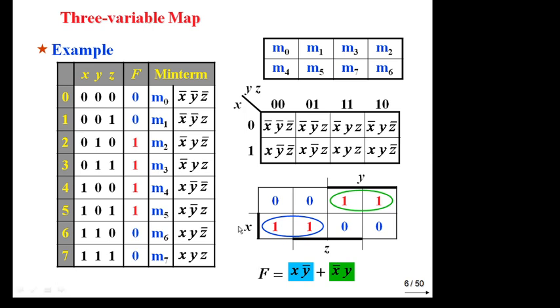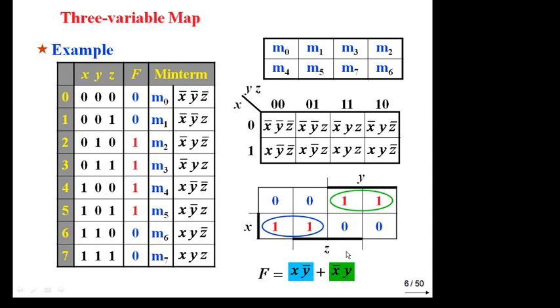And how will you write down the answer? In this case, this value is 0, this value is 1. So from here to here, 1 is the same for both, so writing x. And now go to here: 0 to 0 means y bar, 0 to 1 it is changing. Which variable is changing? You have to eliminate that variable. 0 to 1, so y bar.